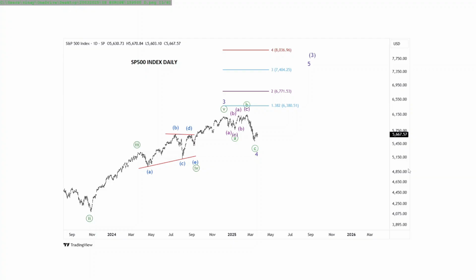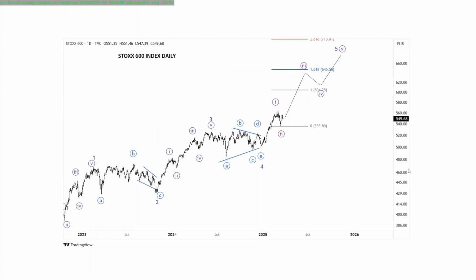So that was about the SP500, and the next chart on the screen is STOXX 600 index, the daily chart. As you can see that this is a stronger index, and it's in fifth minor wave. So far it has completed the minute wave 1 and 2 and is now in the early stages of wave 3.